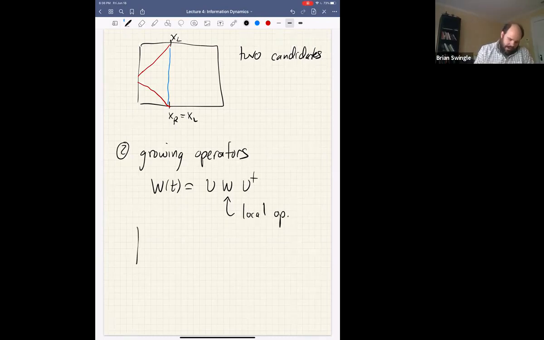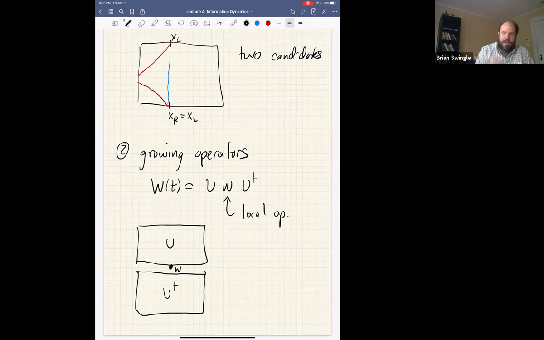Well, you have something like this. You have your local operator W, and you have U dagger. But there's an effective light cone.